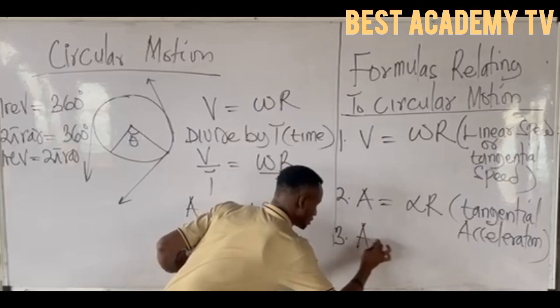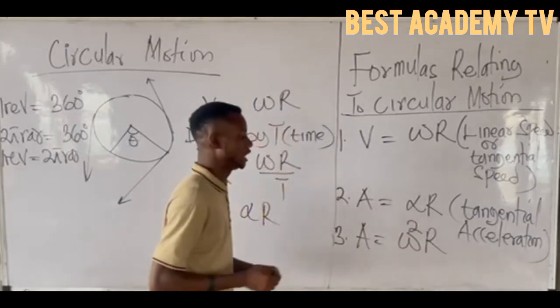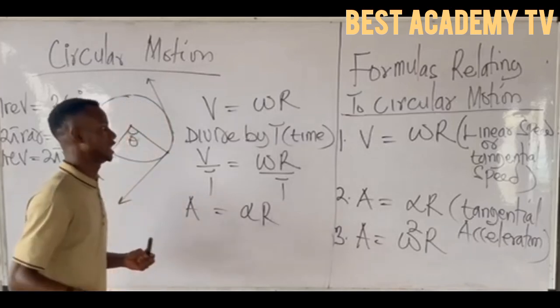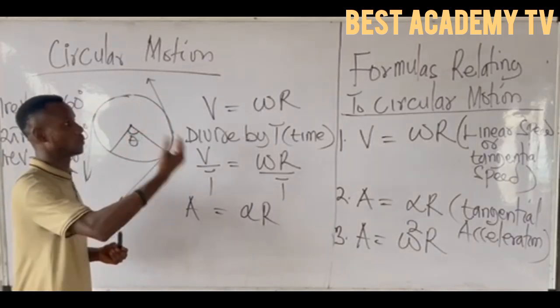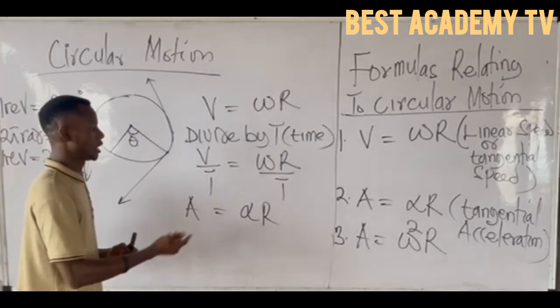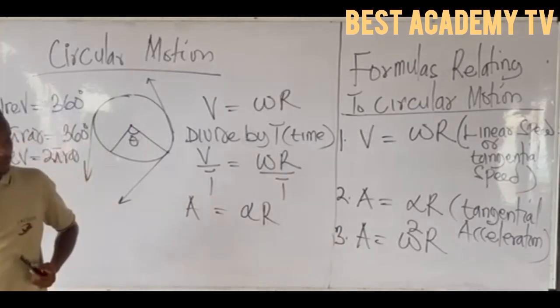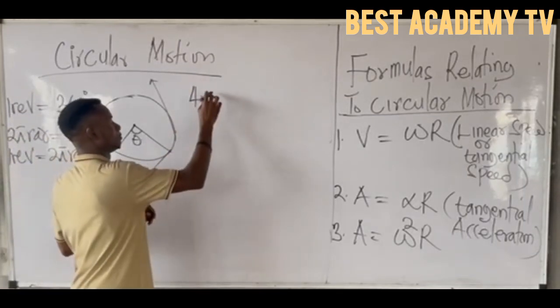Said to be a is equal to omega squared r. Please take note. This is said to be linear acceleration. So lastly, let's take the last formula in terms of circular motion here. That is formulas related to circular motion. Before we solve the equation here, okay? Now, formula 4. Let's take formula 4 here. That is formula 4.